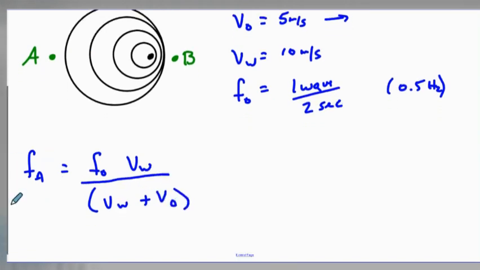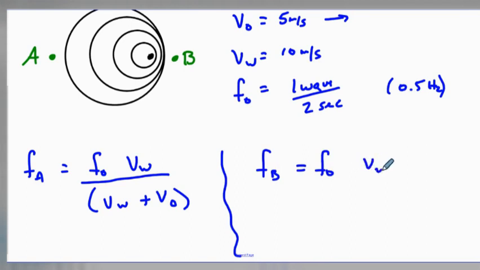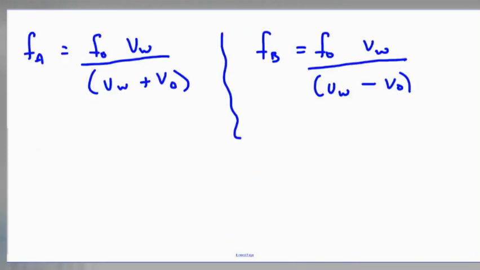And I'm going to do the same thing for person B: the frequency person B is going to see is the frequency of the object times the speed of the wave divided by the speed of the wave, subtract the speed of the object. So they're going to see two very different scenarios. All right, let's calculate those.